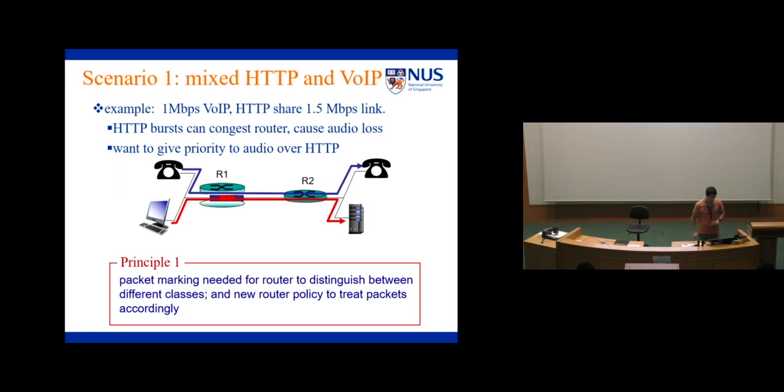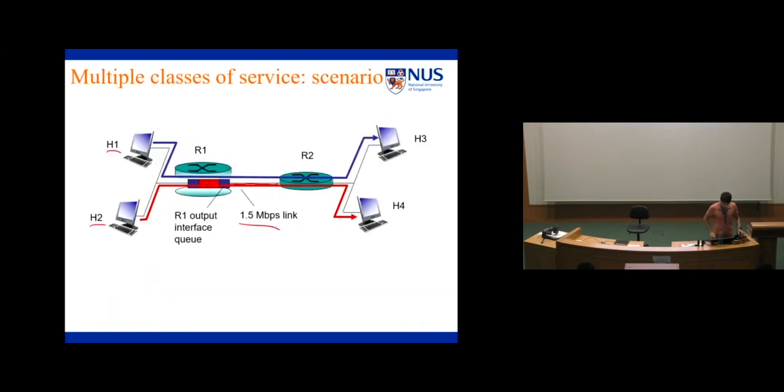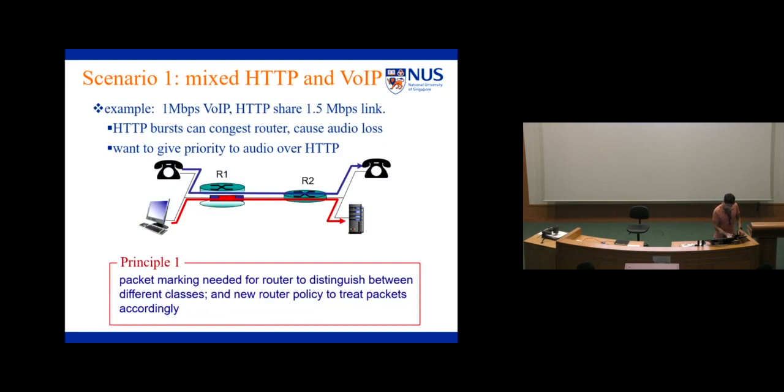Now let's further assume that host 1 and host 3 are running a voice over IP application. And this application requires an uninterrupted 1 megabit per second throughput. Otherwise, they will not understand each other. The application doesn't work, let's say simply.